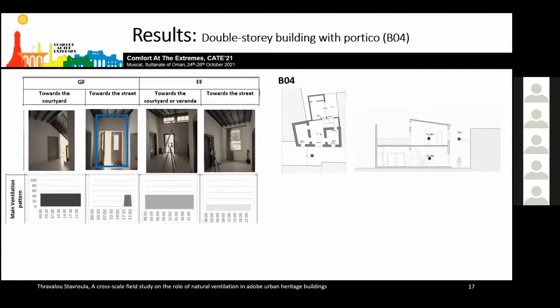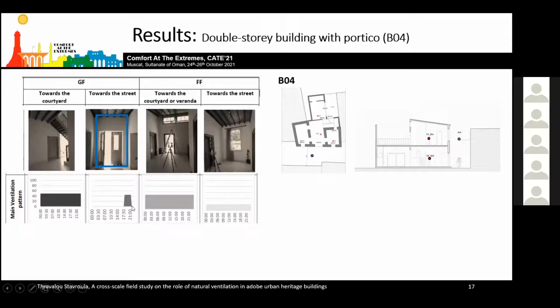Moving on to building B04, occupants were applying all-day ventilation. The door towards the courtyard in the ground floor portico was partly open, and the embedded windows and the door of the entrance, these ones here, were only sporadically open from 6 in the afternoon until 10 at night.